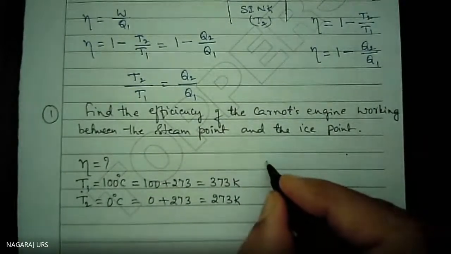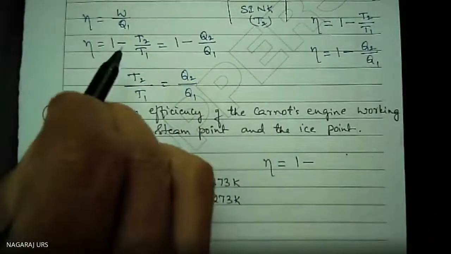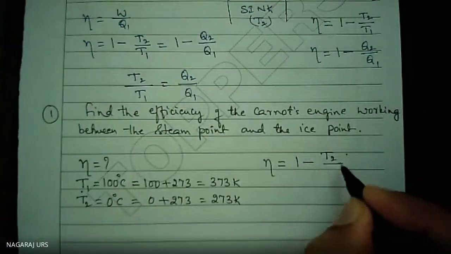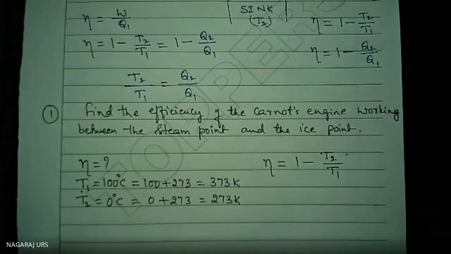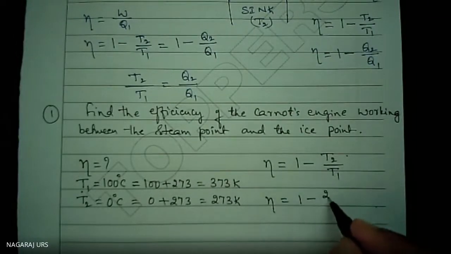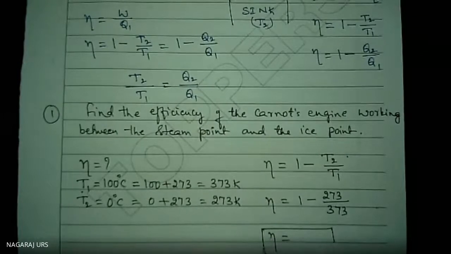Now I am supposed to solve using the formula eta is equal to 1 minus T2 divided by T1. Substitution, calculation, you do it. 1 minus T2. Yes, what is the answer that you are getting? You tell me. Take your scientific calculator and do it.